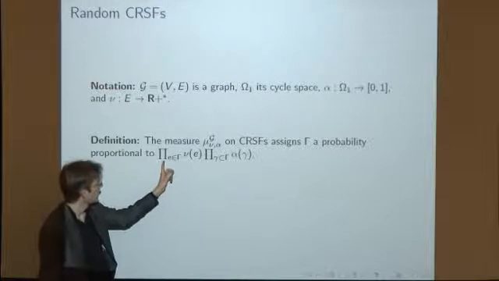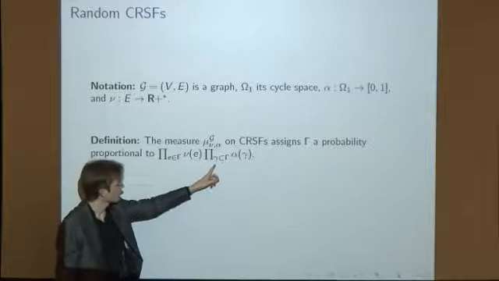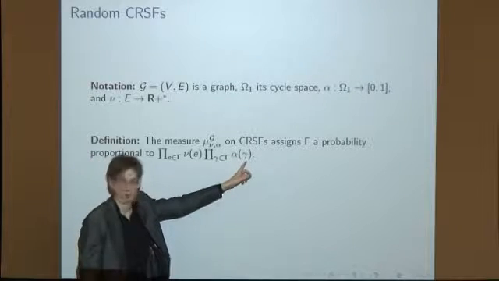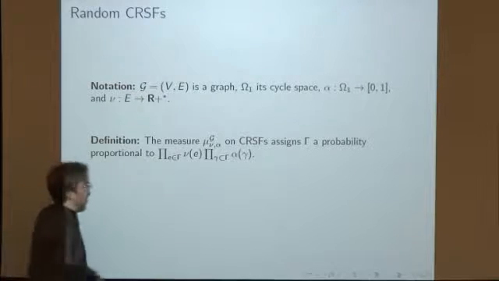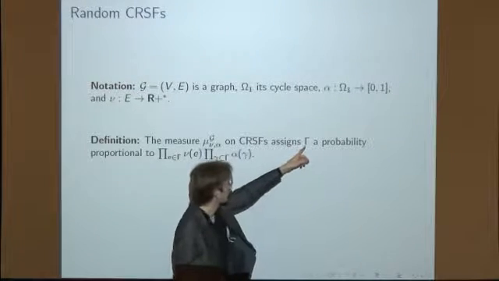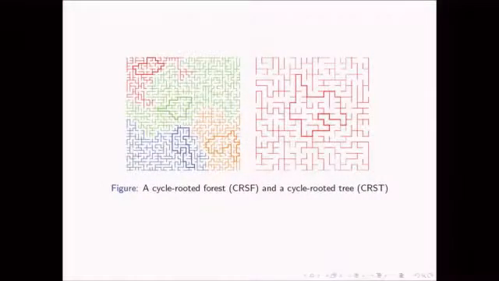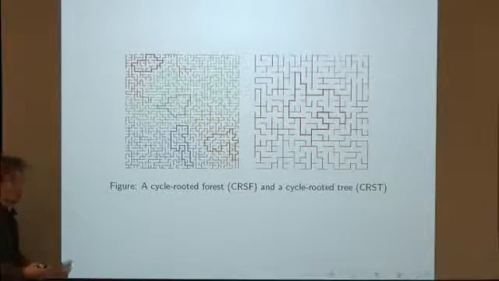So this is the product over the edges of the conductances times the product over the cycles in the cycle-rooted spanning forest of their weight. I'm sorry, tau is a union of cycles? Yeah, this is gamma, I think. Gamma is a cycle-rooted spanning forest, so it's that. Okay. So it's a union of disjoint cycles, plus each cycle has a tree rooted on it.